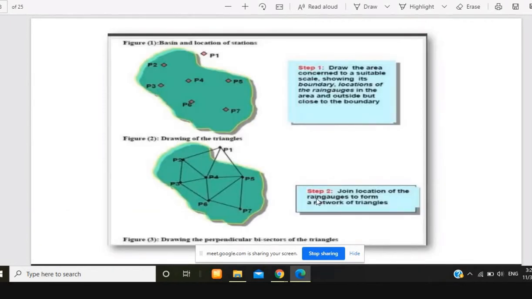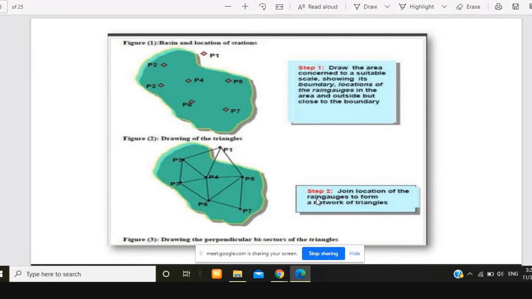The main step is that first the catchment area will be given to you, and the rain gauge coordinates or locations will be given. In GATE such questions will not come, but in our exam you may be asked to plot on graph paper, do the graphical representation and finally find the answer.